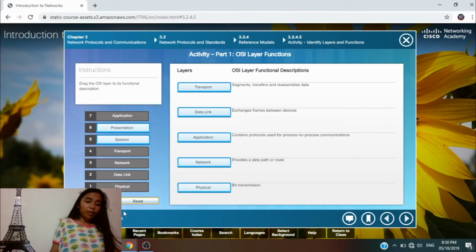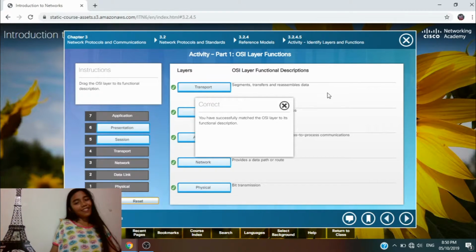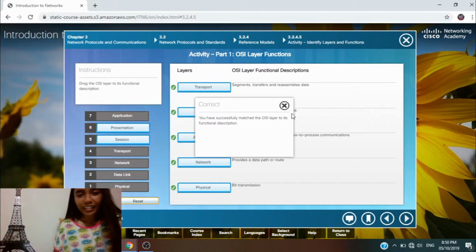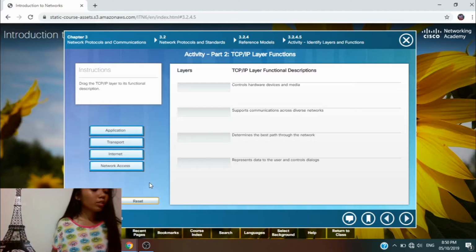So let's check if my answers are correct. So it also matches the activity. But there is figure number 2.